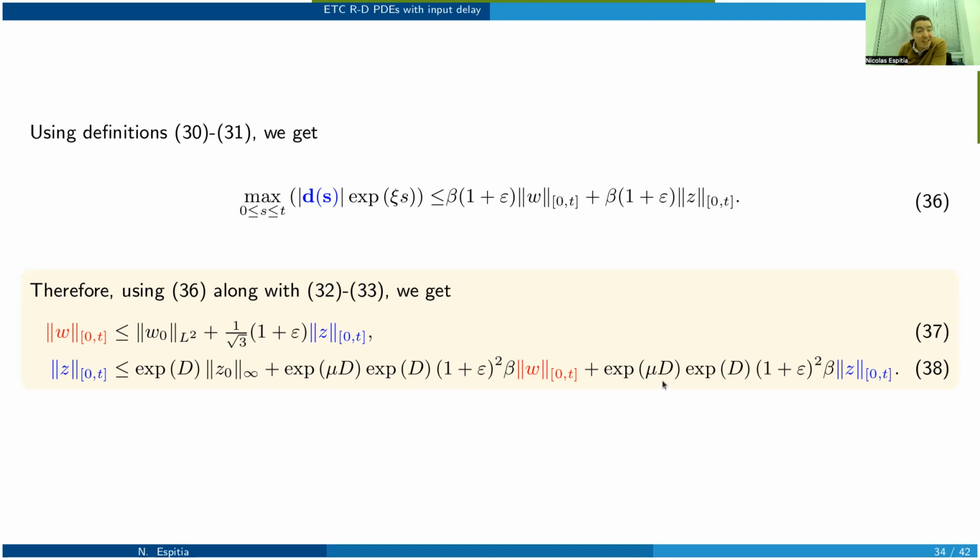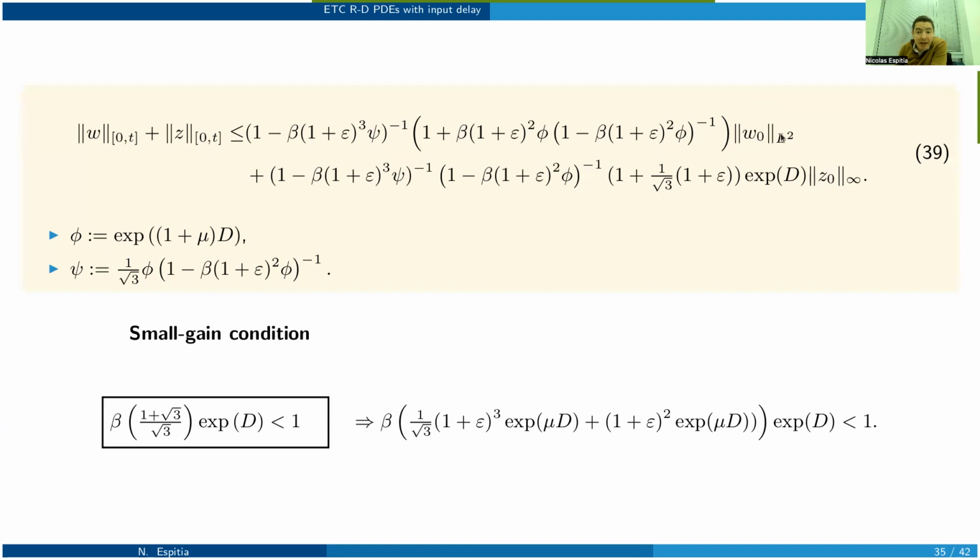So it is here that small gain arguments come into play. They allow us to conclude, to obtain an estimate in terms of the initial conditions of the system, with a term here, which is well-defined and positive, right?